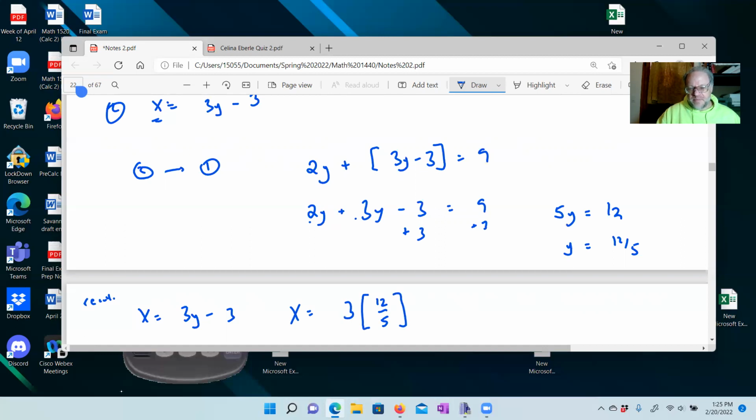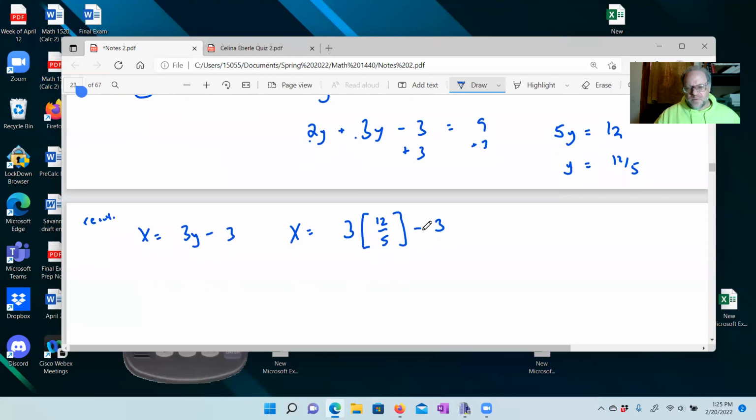That's the y minus 3. So just multiplying fractions, x is equal to 3 times 12 is 36, over 1 times 5 is 5, minus, I'm going to need a common denominator here. So I'm going to say that 3 is really 3 times 5, which is 15 fifths.